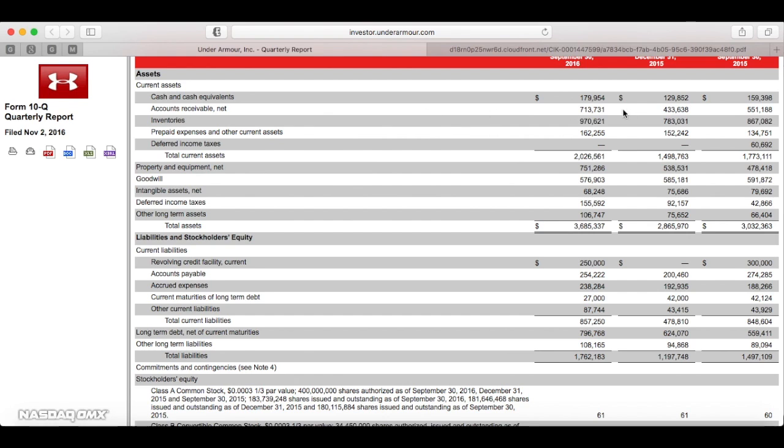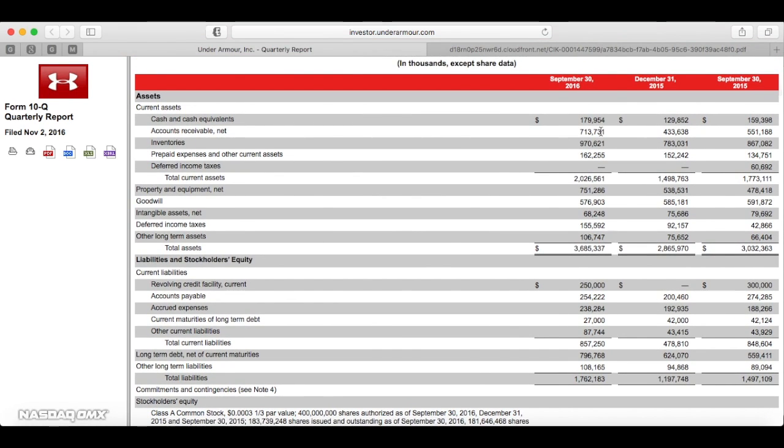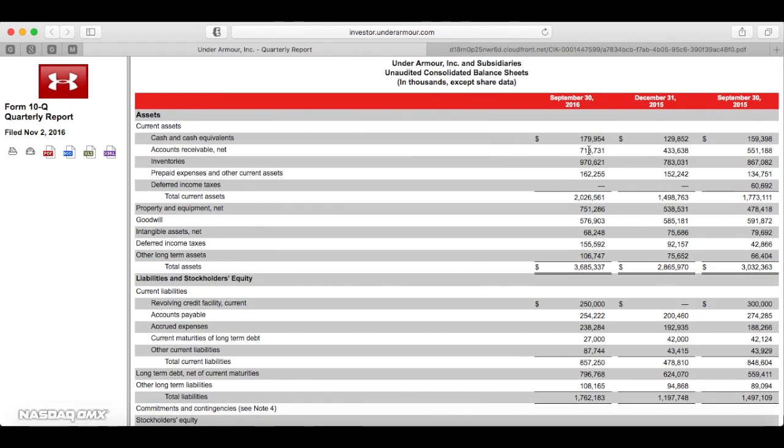Next thing is accounts receivable. This is money that is owed to Under Armour. So typically in Under Armour's situation, probably from stores like Dick's Sporting Goods and those kinds of companies might owe them money for inventory. Now this number could come into play when, like, Sports Authority just went bankrupt.